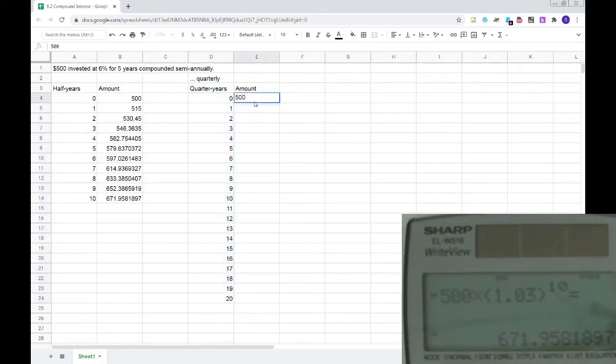I took 5 and I multiplied it by 4. So this time I'm not going to increase it by 3% each time. I'm going to increase it by 1.5%. So a quarter of 6%.